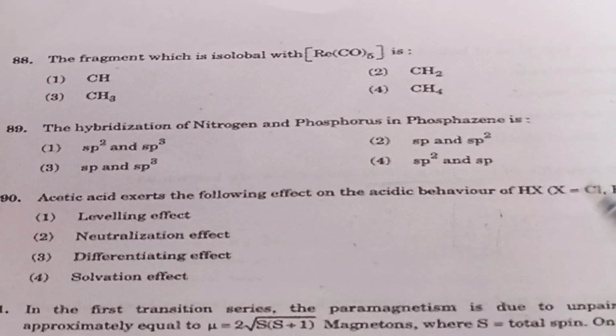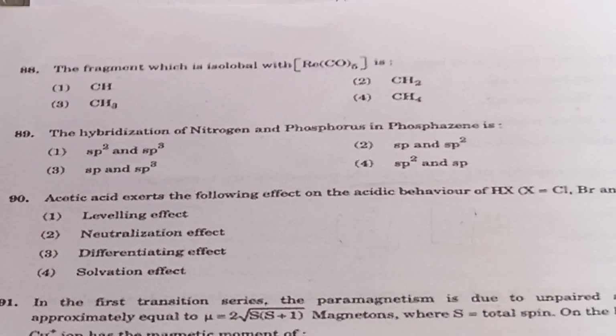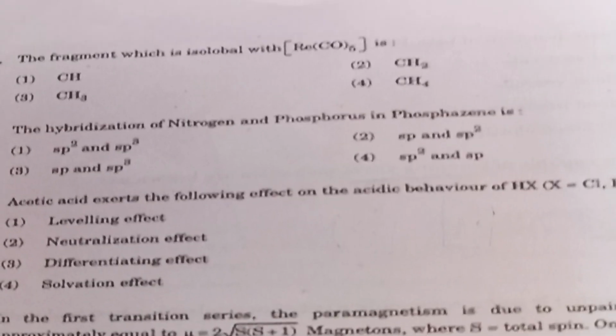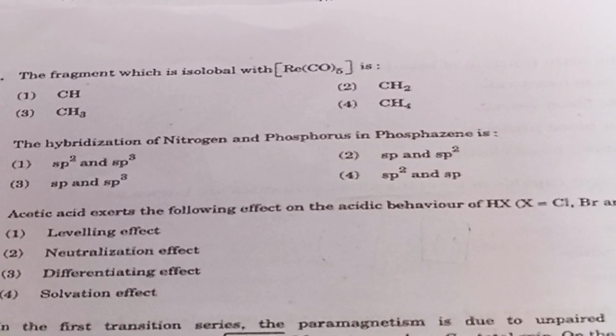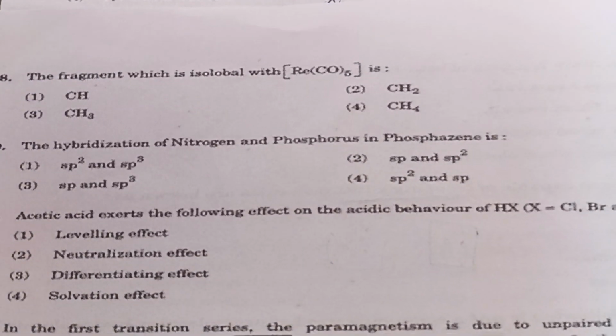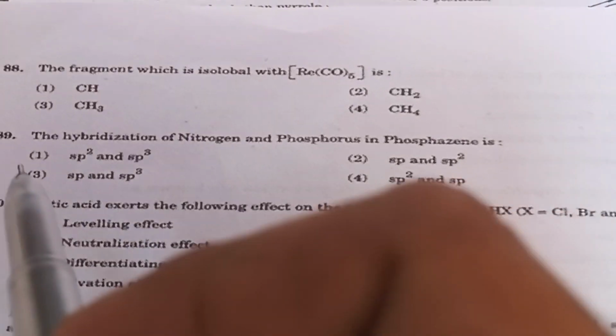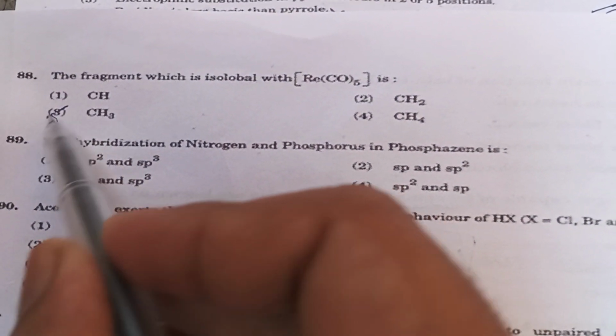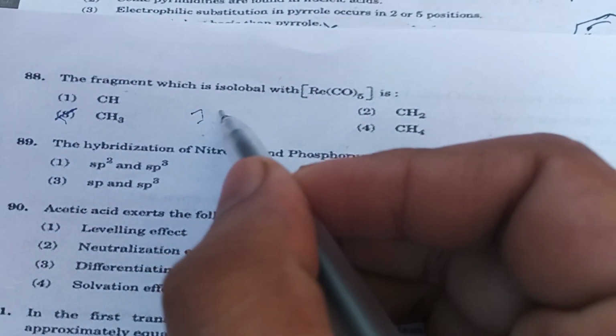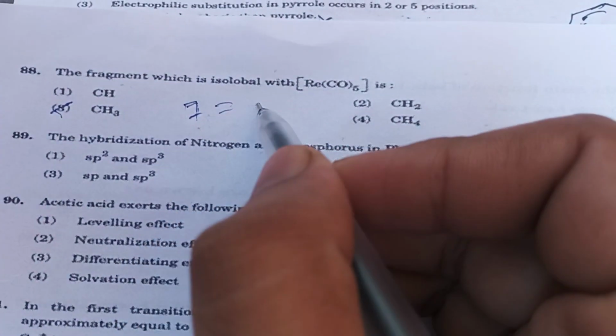We can consider carbon as 4, since it is in the fourth group, and plus 3, since H is in group 3, so 5, 6, 7. So CH3 will be the correct one, which is isolobal, since a 7-electron fragment is isolobal with 17.